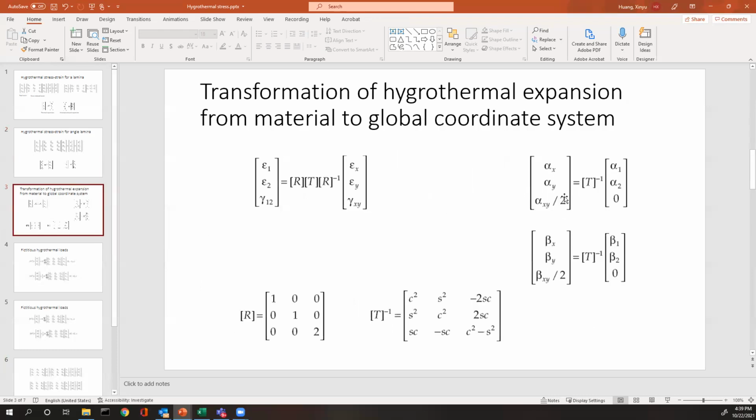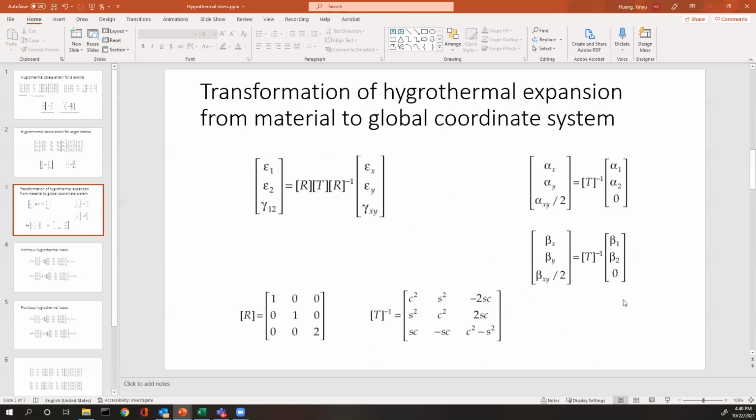It turns out that you can actually transform the expansion coefficient from 1, 2 to XY coordinates the same as you transform strains. The same relationship holds. So if you put alpha x, alpha y, alpha xy, they follow the same relationship with alpha 1, alpha 2, and alpha 1,2. Alpha 1,2 is usually 0. So this is the same relationship of transforming alphas.